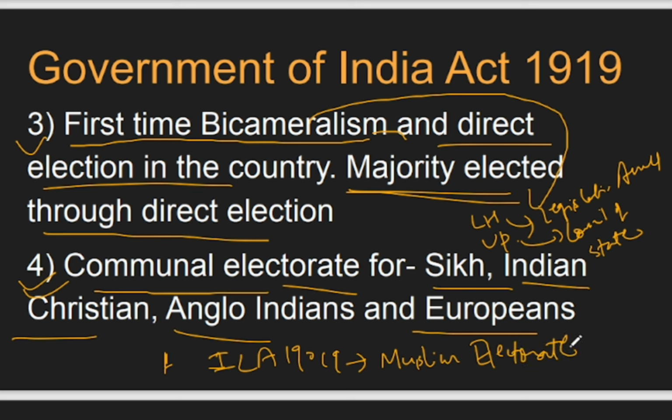And we are seeing the same thing here, an extension of more electorates. So Sikh electorates came, Indian Christian electorates came, and Anglo-Indian electorates came, as well as European electorates. So communal electorate came for a number of religious groups. This is what it is saying.